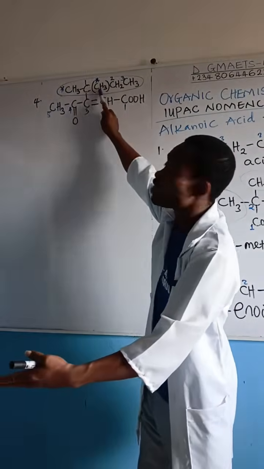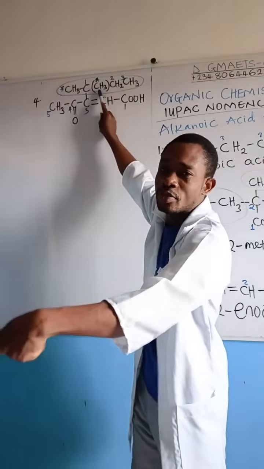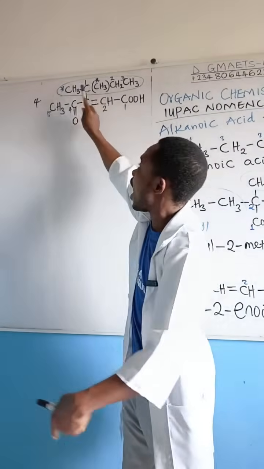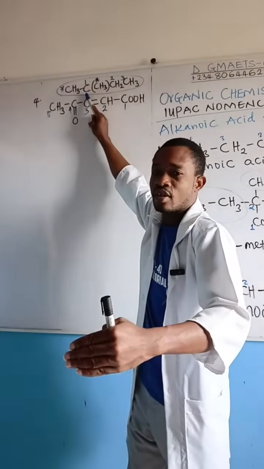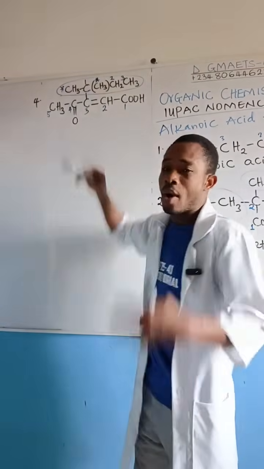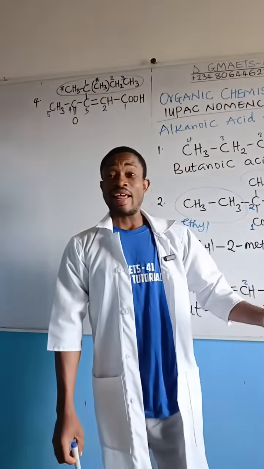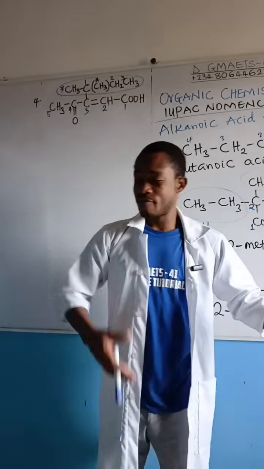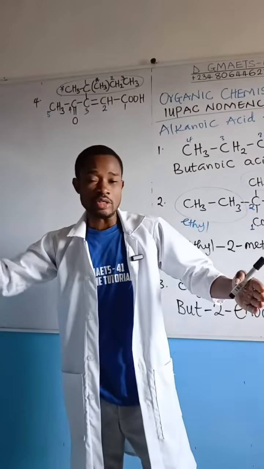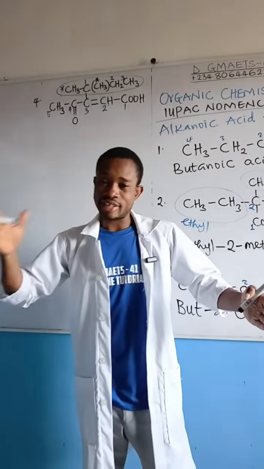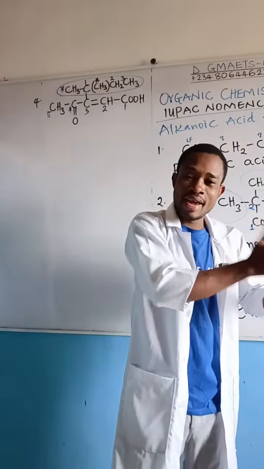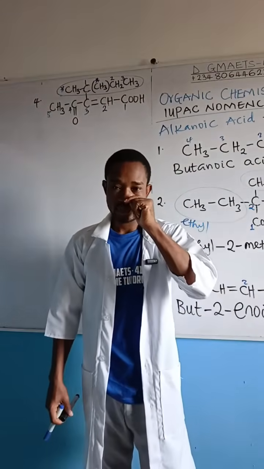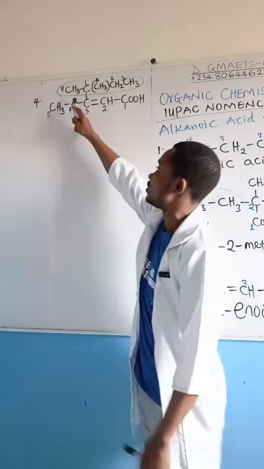You also have this one, attachment on an attachment. So this and this are attachments. They are substituents on carbon number 1 of our main attachment. It's just like I used to say, A gave birth to B. B now decided to give birth to C. You know that C will be attached to B, and then this whole thing will now be attached to the main parent, A. So I've analyzed this. This is a methyl attachment.